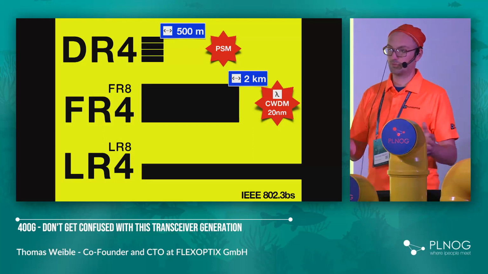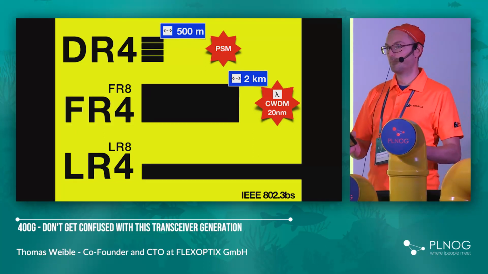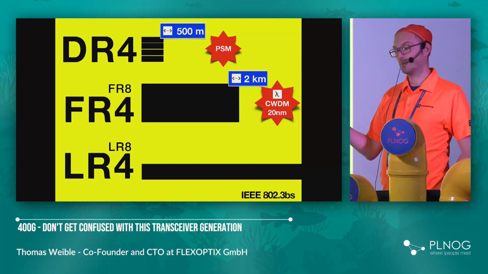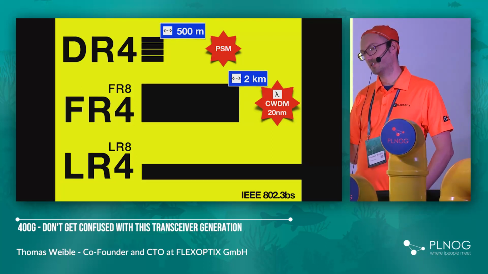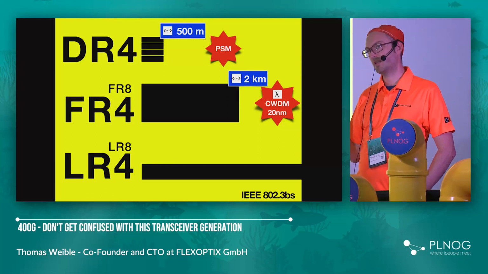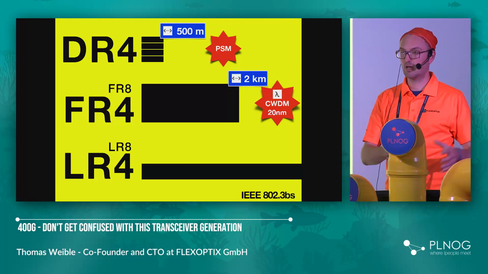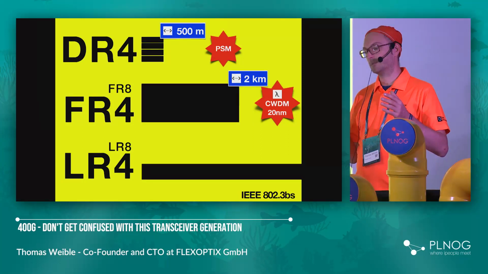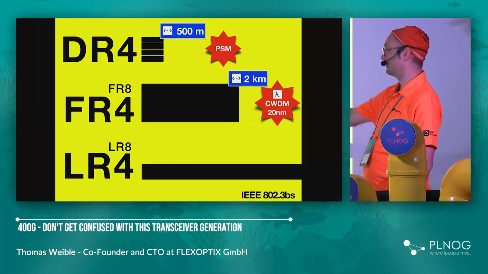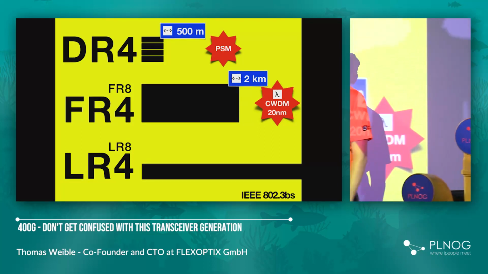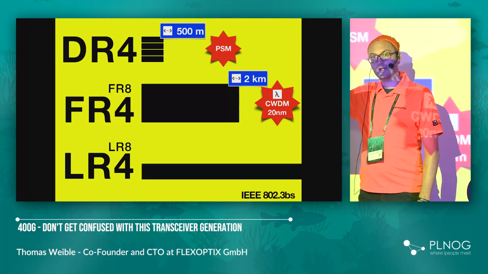So the working group which was working on 100 gigabit was the 802.3BA. And now the 400 gigabit working group took that lesson learned and said, okay, we have to standardize not only LR4 technology for single mode up to 10 kilometers, we also have to standardize 2 kilometers, the FR4, and even a parallel single mode technology, DR4, up to 500 meters.